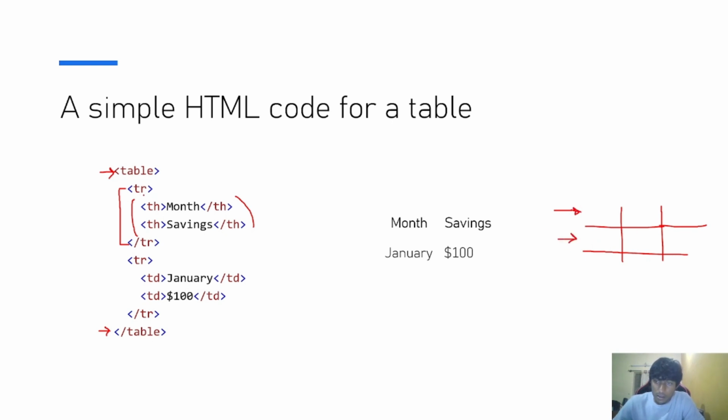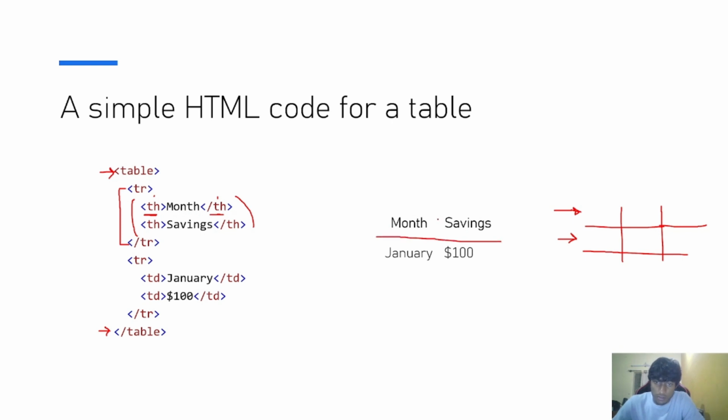Now tr is used to make rows in a table. You can see th, table header, says month, and it's closed here. So opening tag and closing tag, and whatever comes in between is your table header.